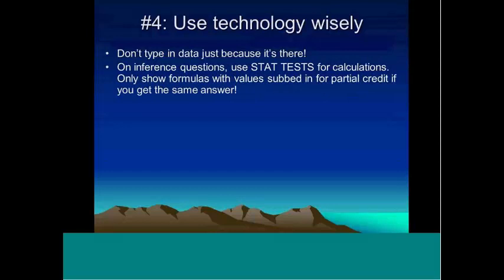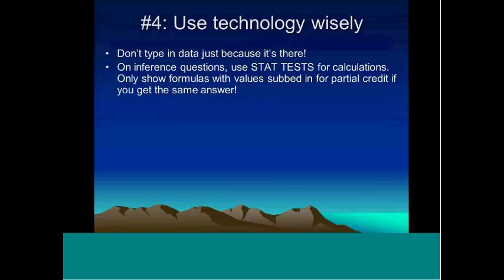On inference questions, where they're doing a hypothesis test or a confidence interval in the free response, they should absolutely use the stat test menu to do their calculations. My students will all do this. And in terms of using the formulas that are provided on the formula sheet and substituting values in, the only reason my students will do that is if they have extra time and want to try to earn partial credit.